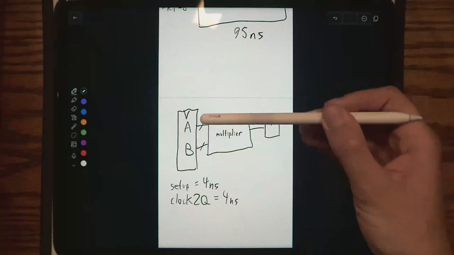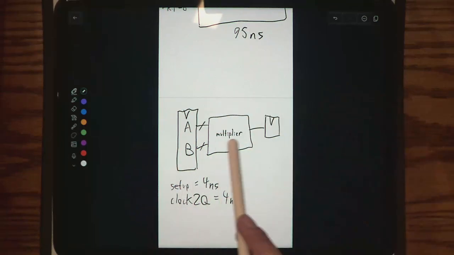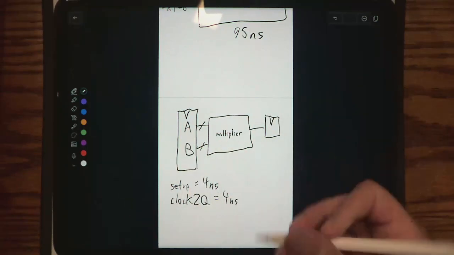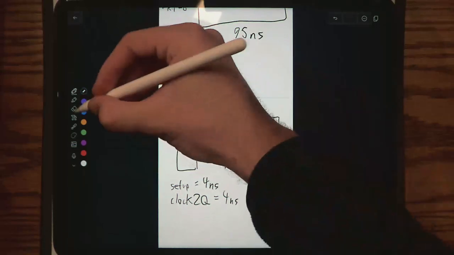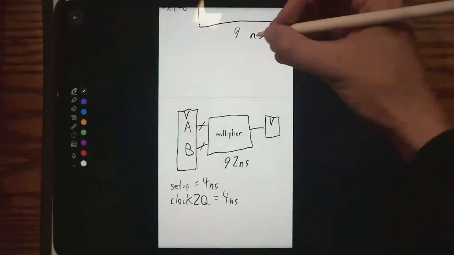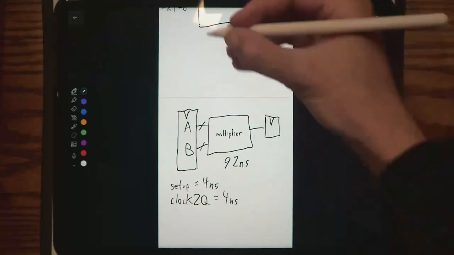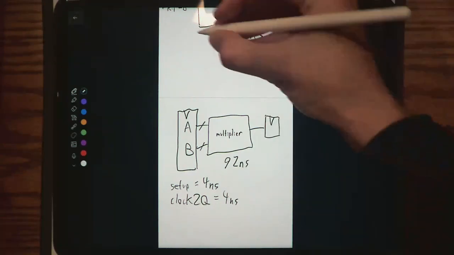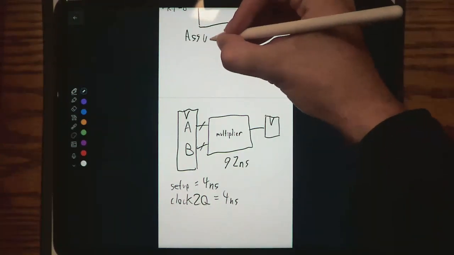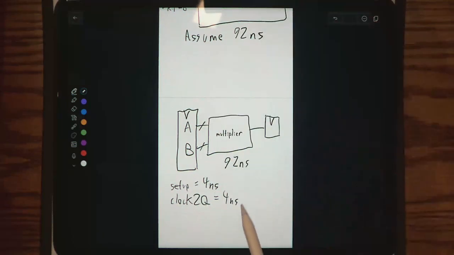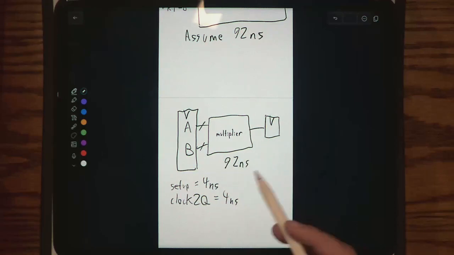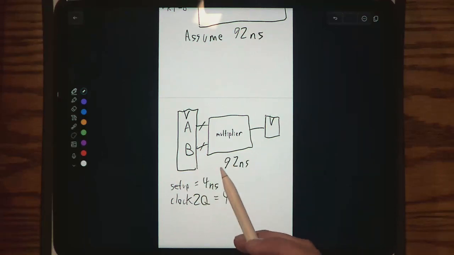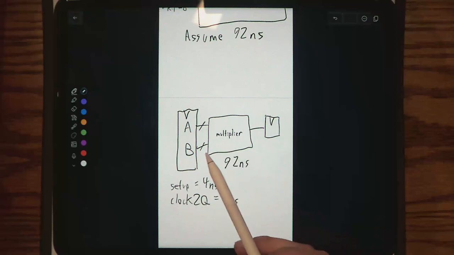And then it propagates through this. I'll make it easier. So maybe now it's 92 nanoseconds. Assume 92 nanoseconds. And then at the end, the setup time is 4 nanoseconds. So in the end, what is the minimum clock period that we can have to ensure that our circuit still works?